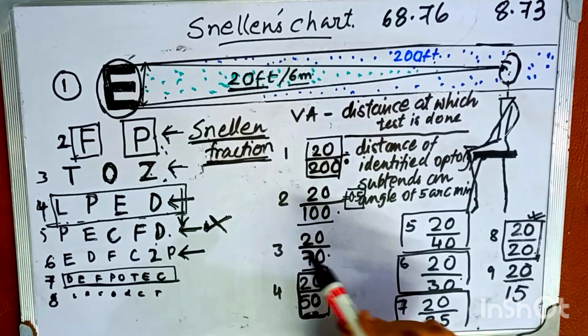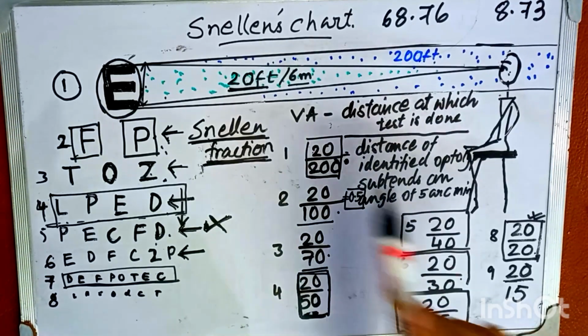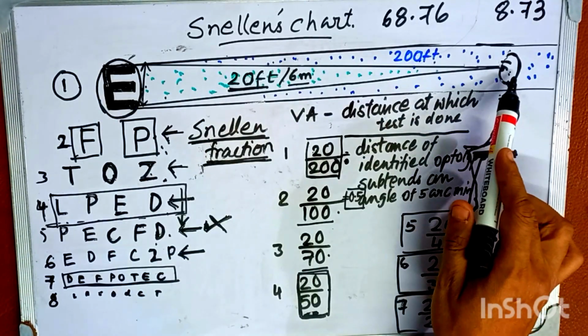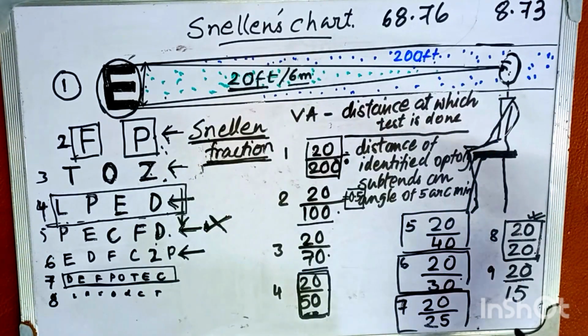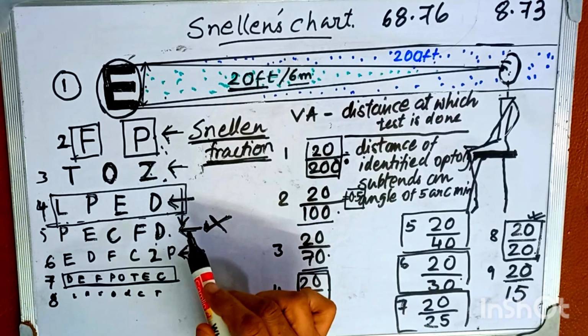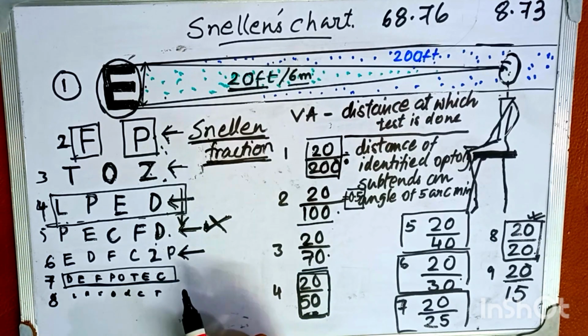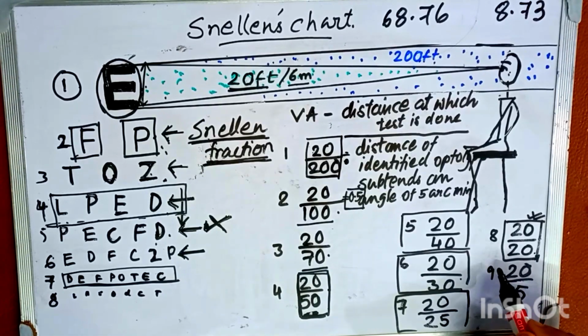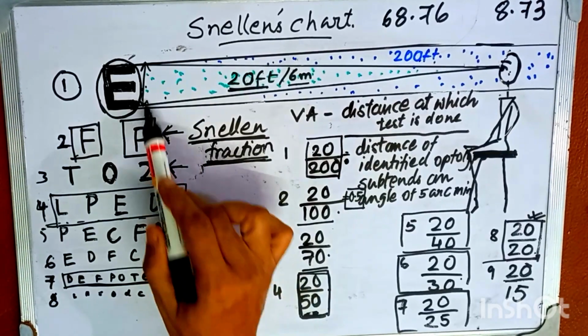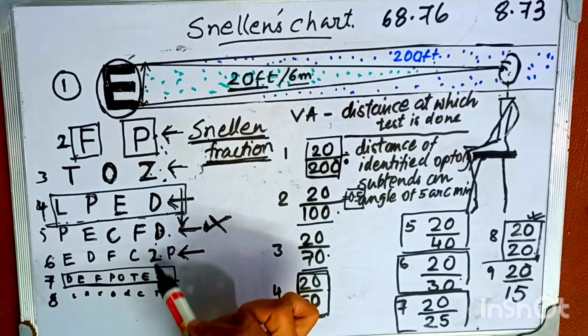So what is the normal? When a subject sitting at 20 feet sees a 20 feet optotype, which is present in the 8th line, 1, 2, 3, 4, 5, 6, 7, 8.